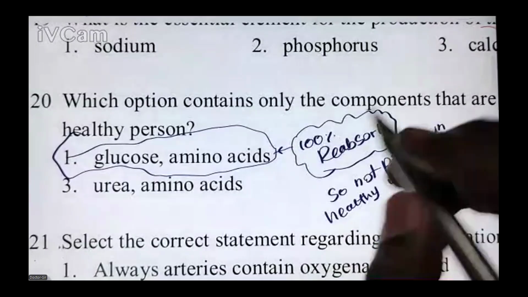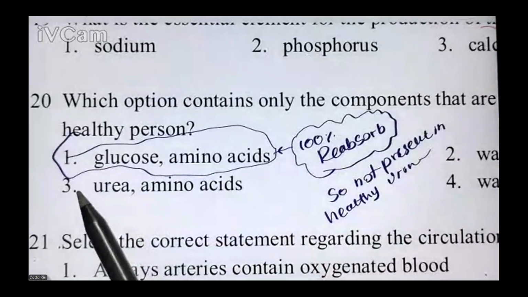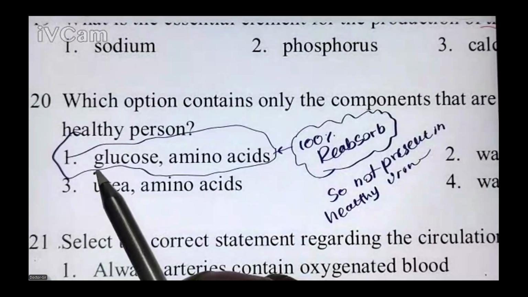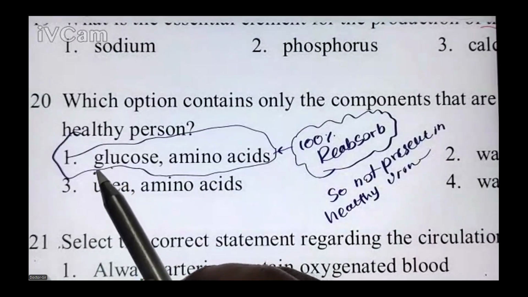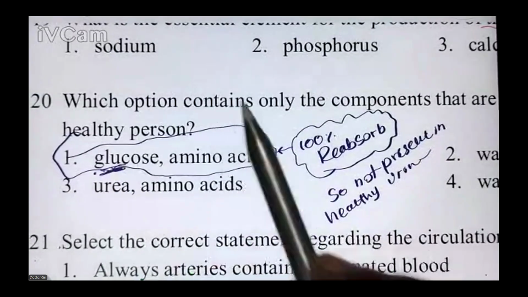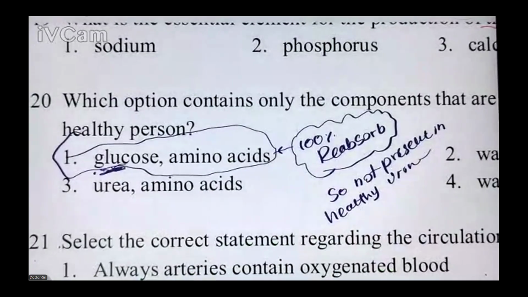Only those having a disease will have glucose present. That disease we usually call diabetes mellitus, so it can be present.